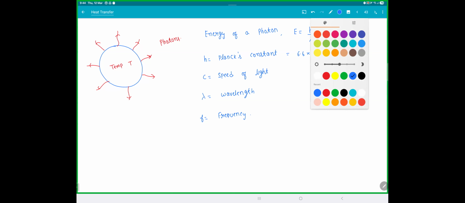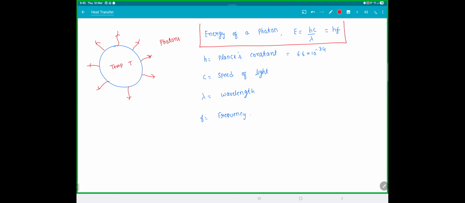This is one important formula. And from the de Broglie wavelength, these photons, even though they're massless, have momentum. The momentum of a photon is given by h by lambda.